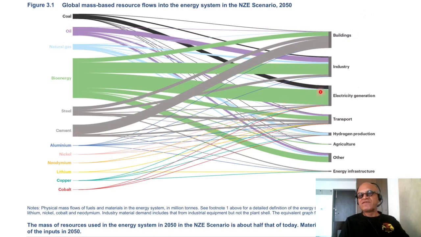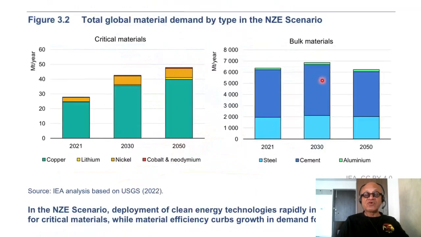Coal is still there feeding electricity generation and slightly industries. Oil is still there feeding everybody, and so on. So the net zero emission scenario by IEA doesn't completely remove coal for the future. It still keeps a bit of it, but relies on the technological promise of bioenergy with carbon capture and direct air capture and so on.